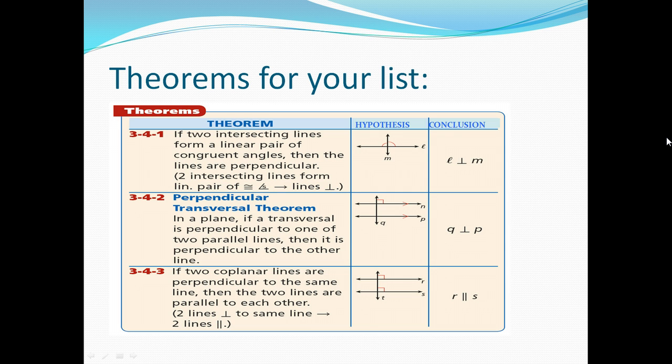We know they're parallel. That means that if the line is perpendicular to one, it's perpendicular to the other. And then for 3.4.3, if we have two coplanar lines perpendicular to the same line, then they are parallel. So just like we were looking at in lesson 13, this is what we use to prove things parallel.